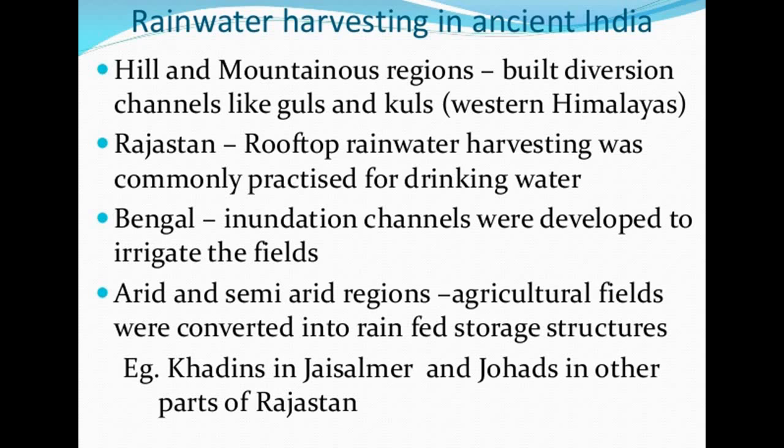The rain falling on the rooftop would travel down the pipe and be stored in these underground tankas. The first spill of rain was usually not collected, as they would clean the roof and the pipes, and the rainwater from the subsequent showers was then collected.